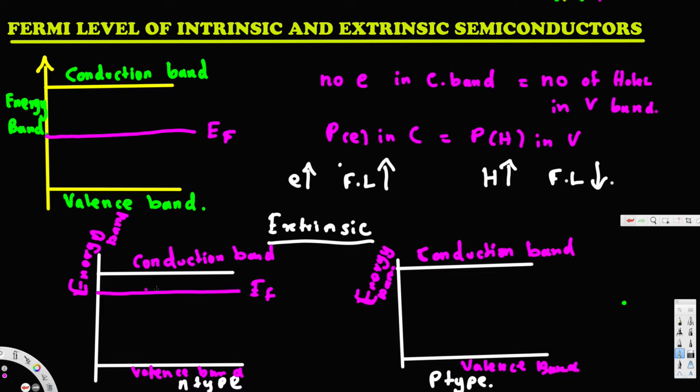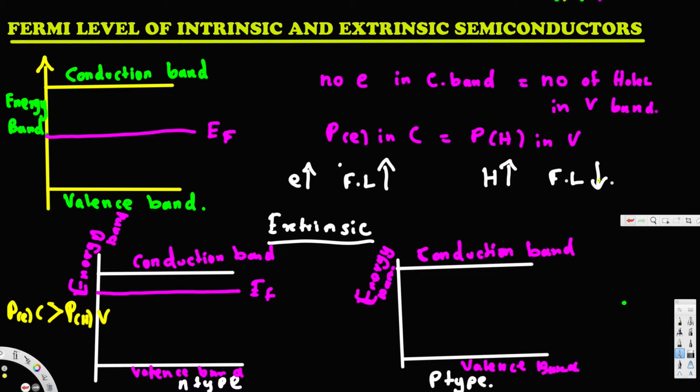This is an energy level that is near to the conduction band. So in other words, we can say the probability of finding an electron in the conduction band is higher than the probability of finding holes in the valence band. This is for N-type. Now for P-type, the conduction mainly occurs due to holes. So the Fermi level is going to be going down.